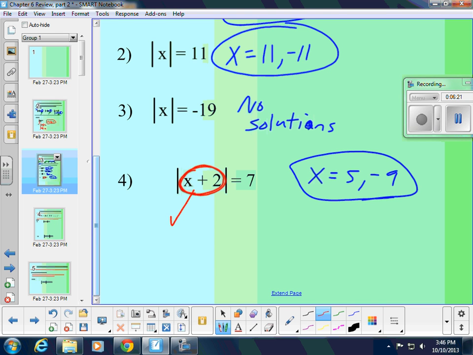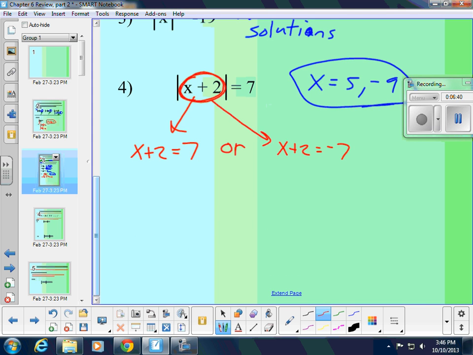As I'll keep explaining in future problems, there's only 2 ways that can work. Either this expression, x plus 2, equals 7, or the other possibility is that x plus 2 equals negative 7.